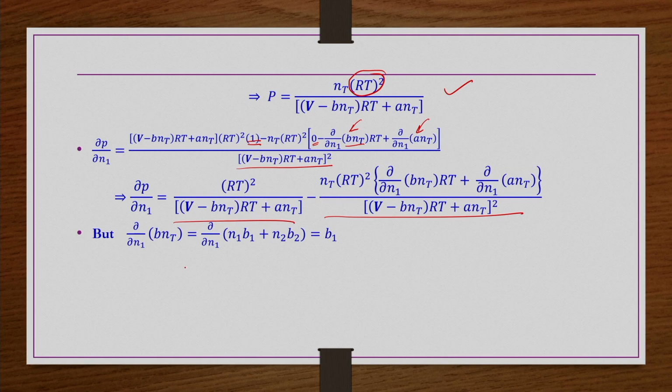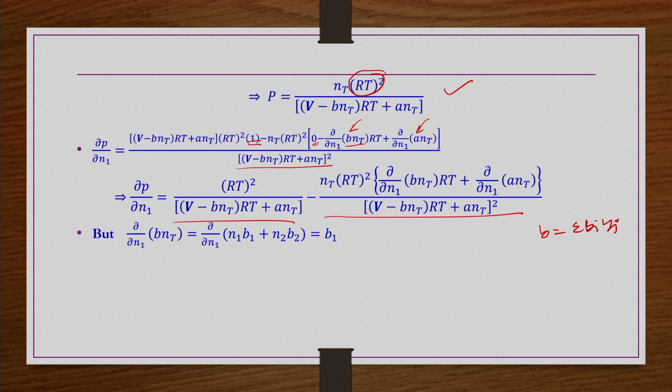Then we will be using dou by dou n1 of B NT. While using this pressure explicit form derivation, when we do mixing rules, we have to use the same one as we used for the volume explicit form. For the volume explicit form, B we have written as sigma B i y i.